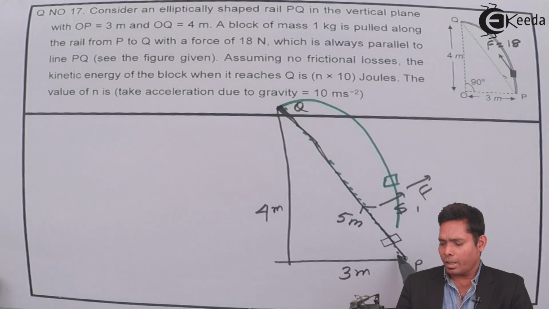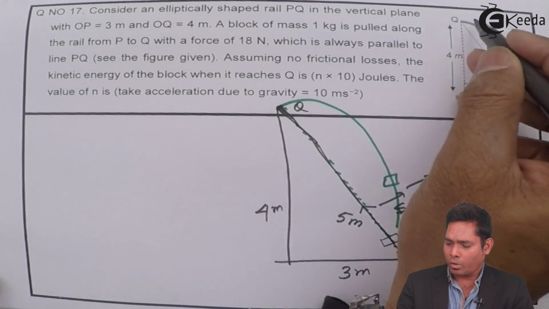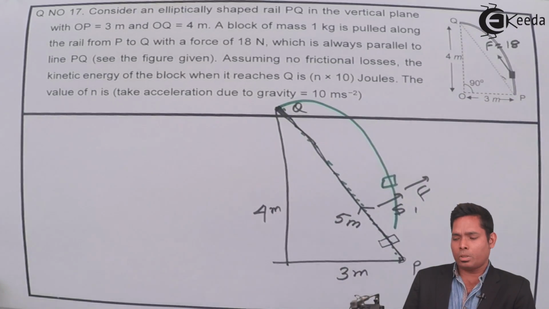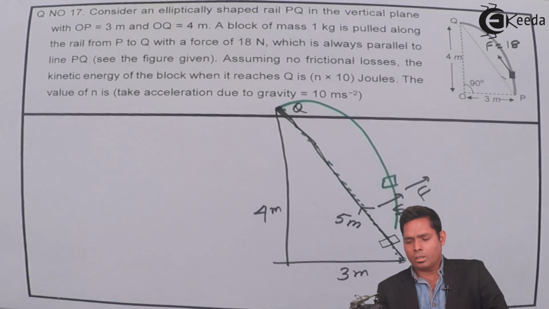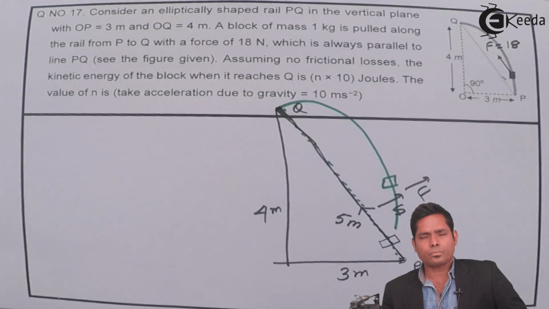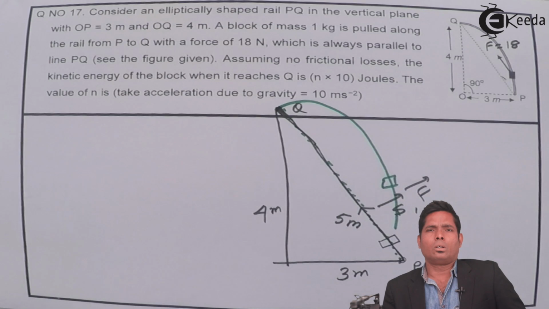Whether the block is moving along this path or directly from here to here, it means the same thing, because in finding the work done, we have to find the displacement in the direction of force or force in the direction of displacement.